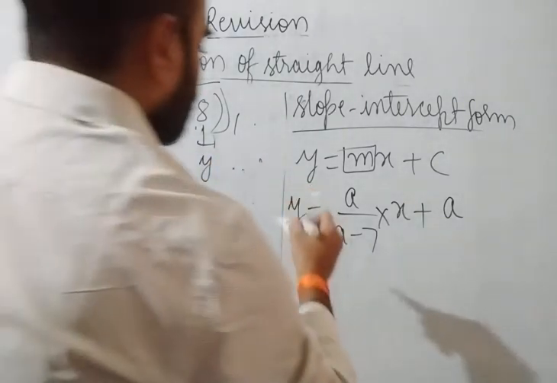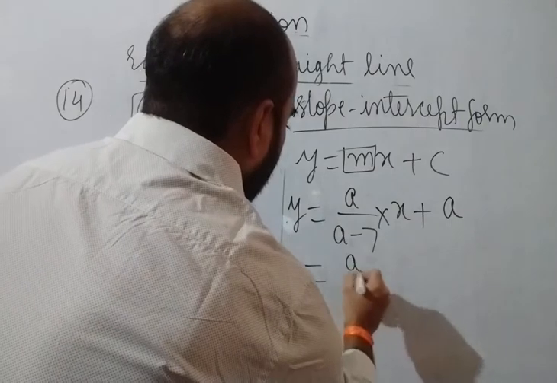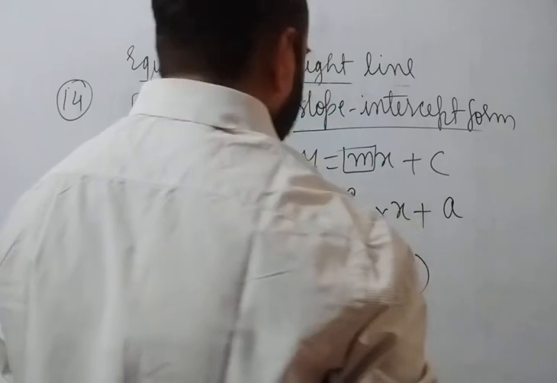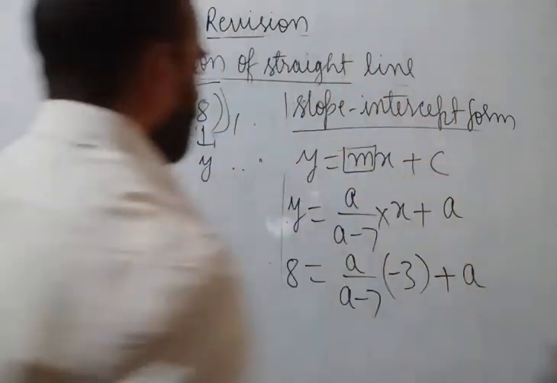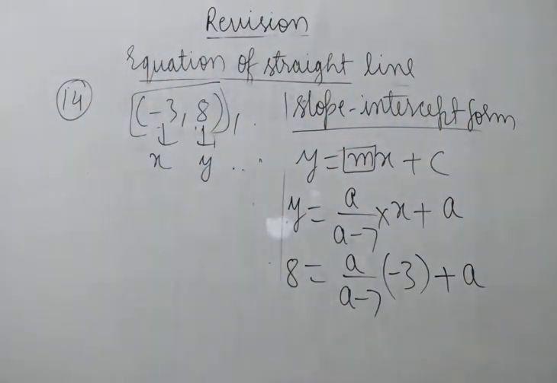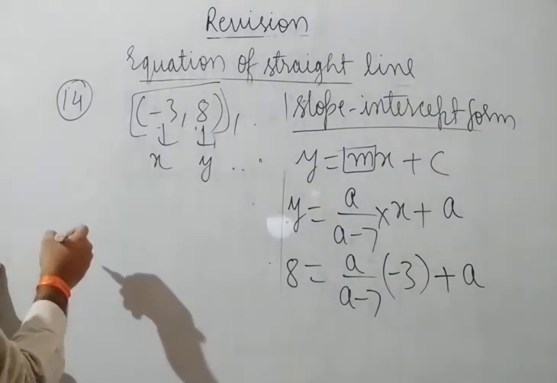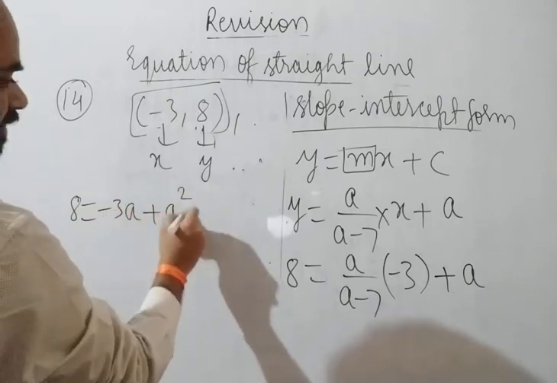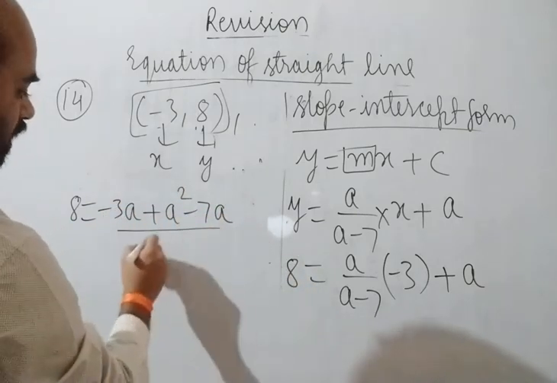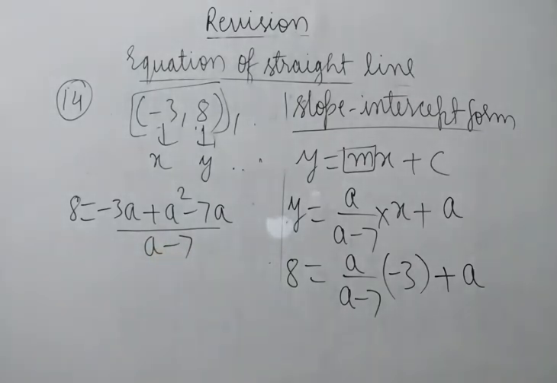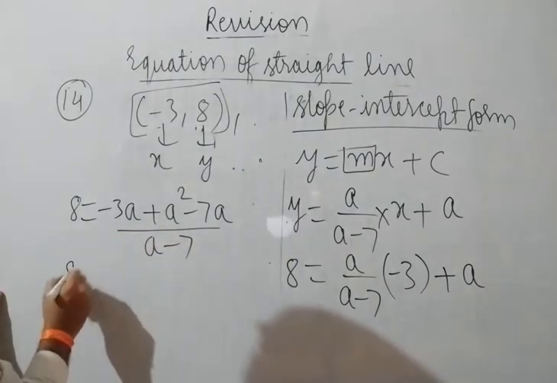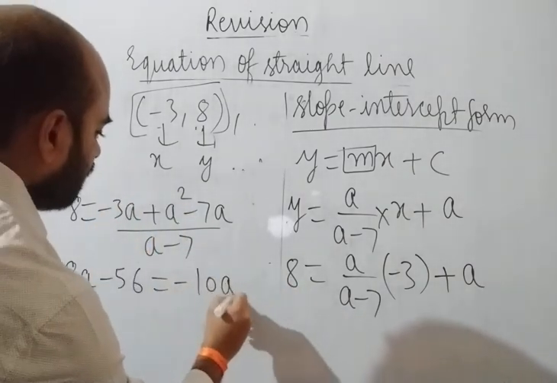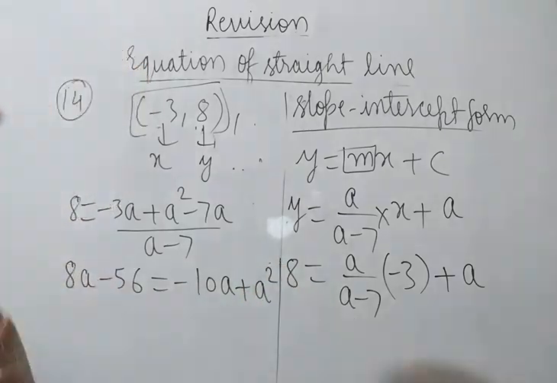So y is 8, equals a upon a minus 7 times minus 3, plus a. Solve this. Finally this will give 8 is equal to (minus 3a plus a square minus 7a) upon a minus 7. So this will give 8a minus 56 is equal to minus 10a plus a square.